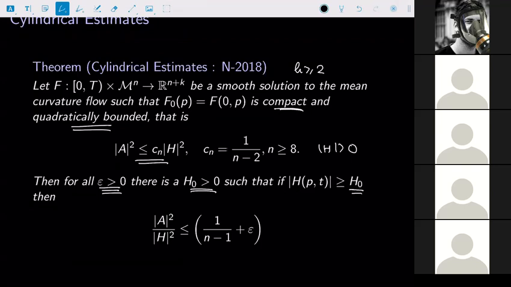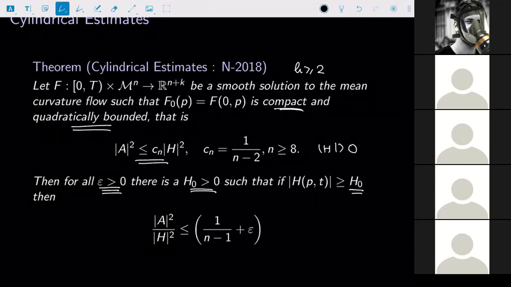So this is a quantified version of a blow-up argument. What you would usually do is take the singular time, take a sequence of points and times approaching the singular time and singular point, rescale, blow up, and find that you have a cylinder. But here, this is a quantitative version.